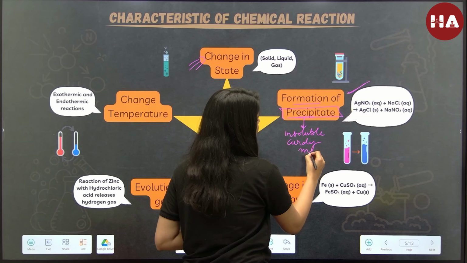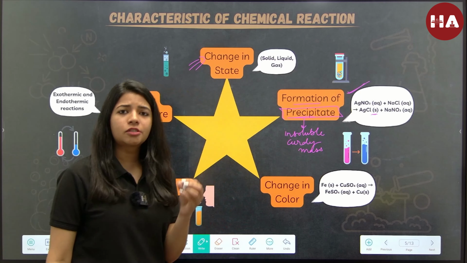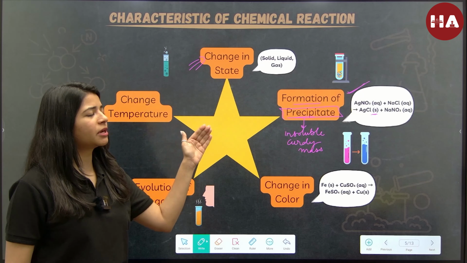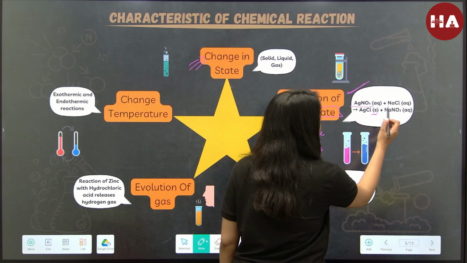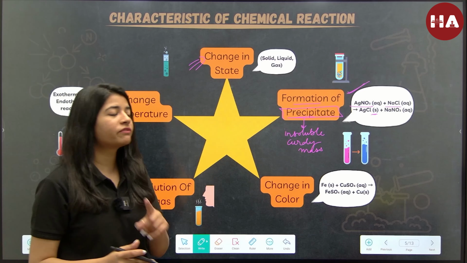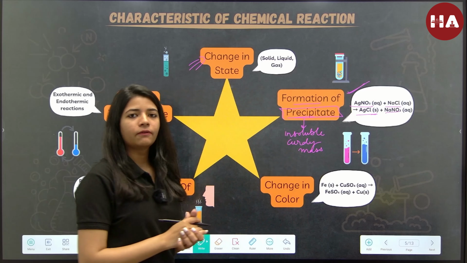Hence the state symbol which we use over here is solid, right? It is an example of a precipitation reaction, in which when we add silver nitrate to sodium chloride, we get a white colored precipitate of silver chloride along with sodium nitrate, right?